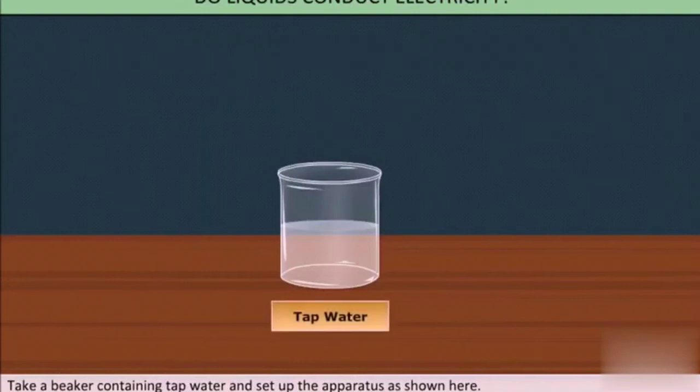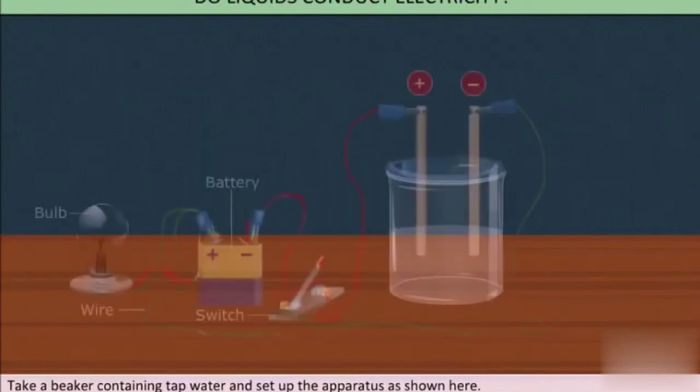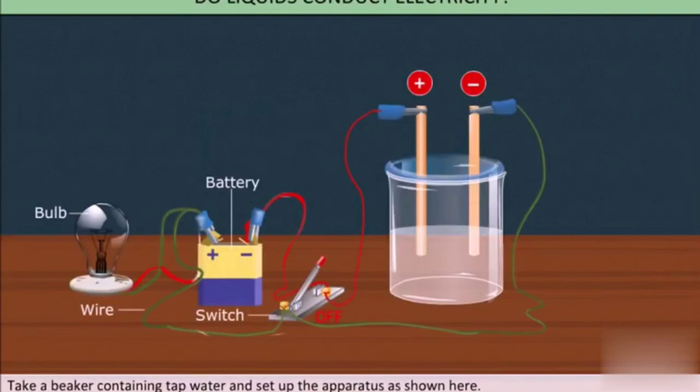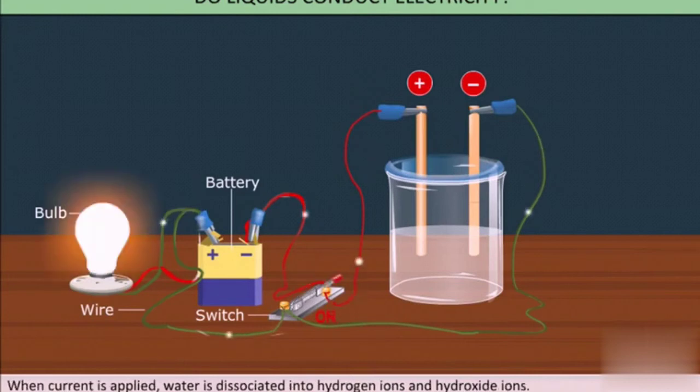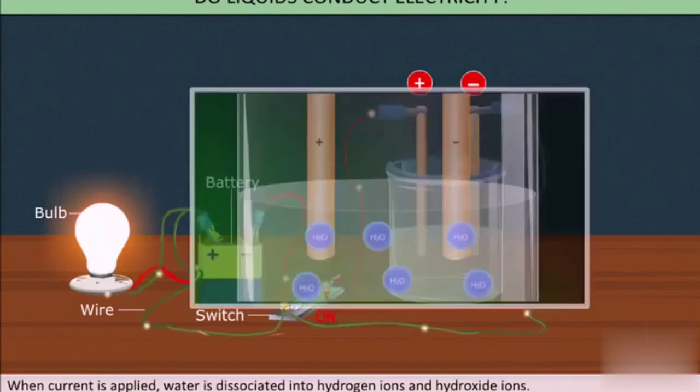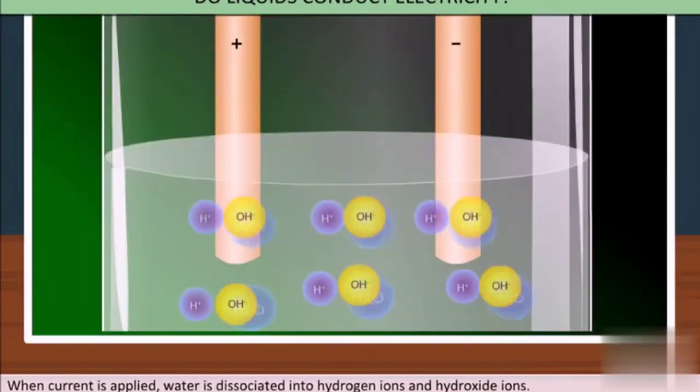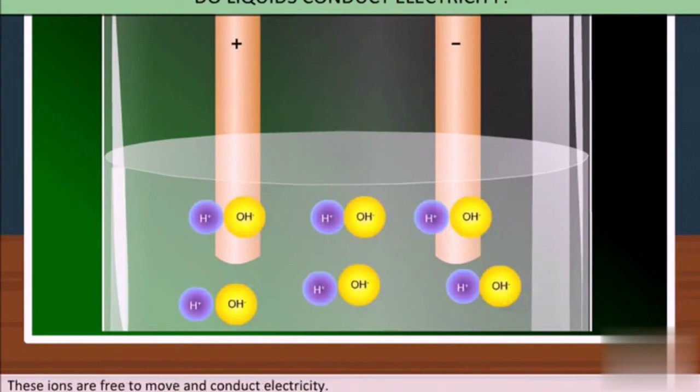Take a beaker containing tap water and set up the apparatus as shown here. When current is applied, water is dissociated into hydrogen ions, that is H+ ions, and hydroxide ions, that is OH- ions.